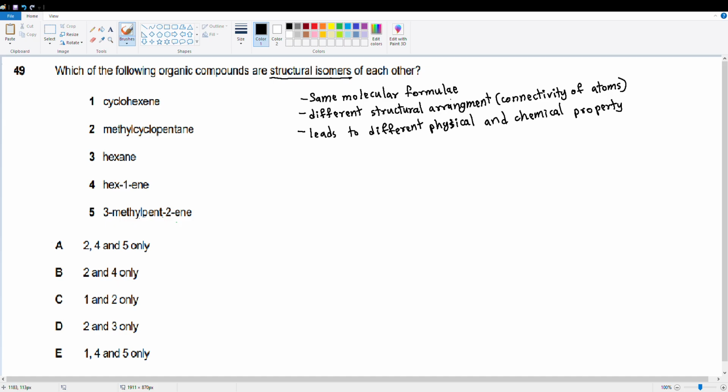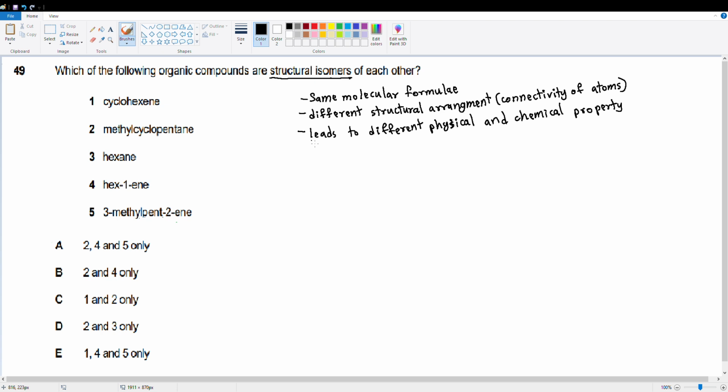And different structural arrangement: the connectivity of atoms is different, the way they are arranged. For example, with the same molecular formula, the other compounds may have a different functional group. They may have more methyl groups. They are either secondary, primary or tertiary arrangements, or they have double carbon bonds.